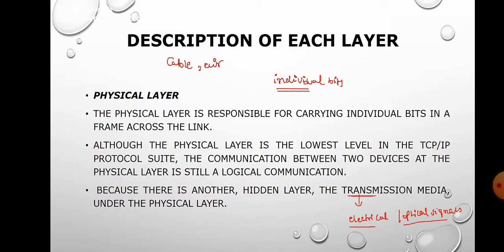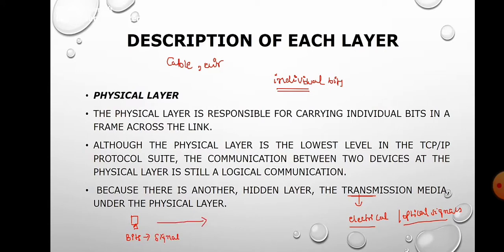So we need some set of procedures or protocols that will convert the bits into electrical or optical signals. Across the sending node, we have to convert bits into an electrical signal.